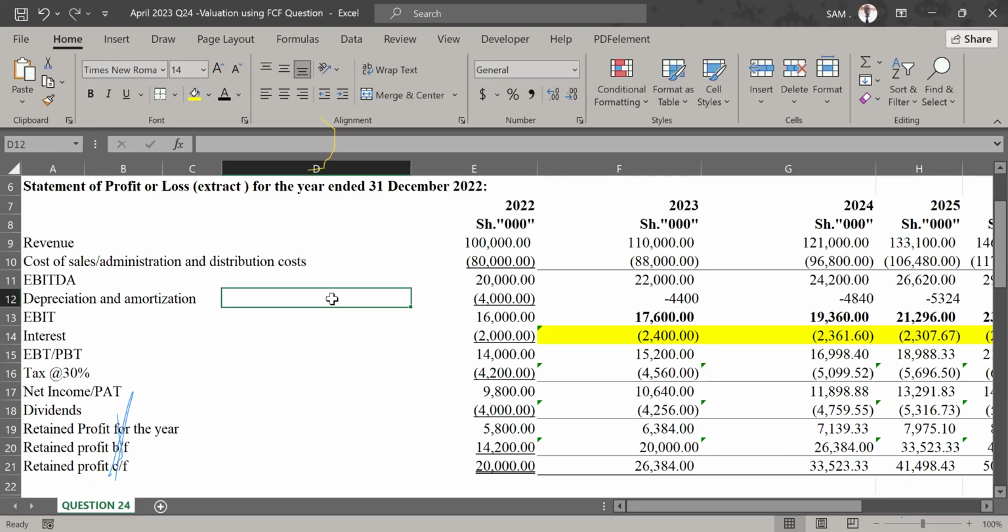Why do we pick profit after tax when computing free cash flows? That is the question I want you to look at. Why haven't I picked profit before tax or earnings before tax? It is very simple. Remember, we are valuing a company, and we know very well that the tax being charged, the tax they will pay on the revenues they generate, they will eventually pay the whole of it.